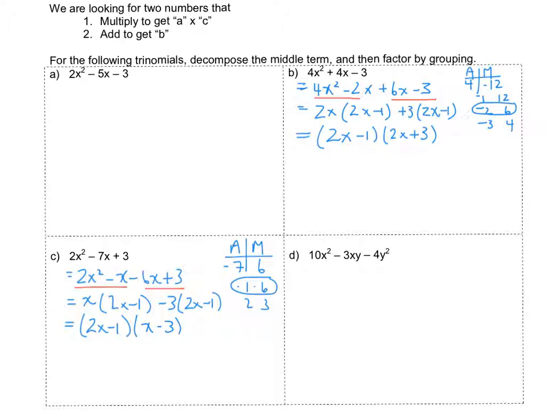Okay, if you check your answer for part B, I went through my multiples of negative 12, and negative 12 came from multiplying the 3 and the negative 3, and the positive 4, and I'm adding to the positive 4. So I have my combinations here. The negative is what I'm multiplying to, so I know my two signs have to be opposites, and because I'm adding to a positive, my bigger number has to be positive. So here's my combination.